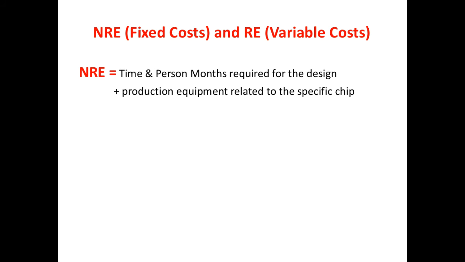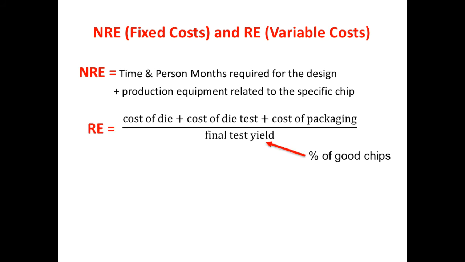The recurring expenses are, in principle, a bit more complicated. Of course, one has to take into account different components. One has to take into account the cost of the die, and the cost of the die is the real cost of the processed piece of silicon on which you have the integrated circuit.